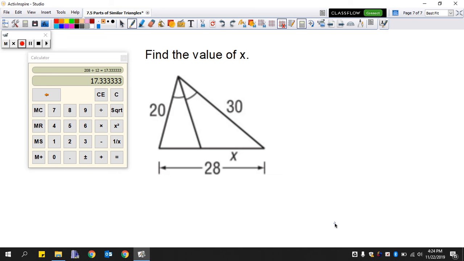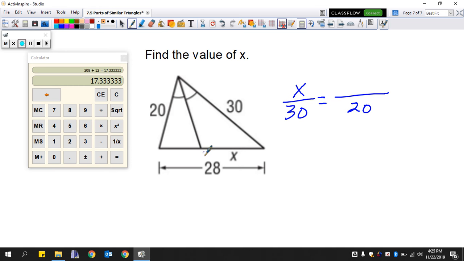The next one, and the last one that we're doing, is a little bit trickier because we're given the total length, but that total length also involves the x. So we're going to have x is proportional to 30, a ratio to 30, and over here we're going to have something as a ratio to 20.